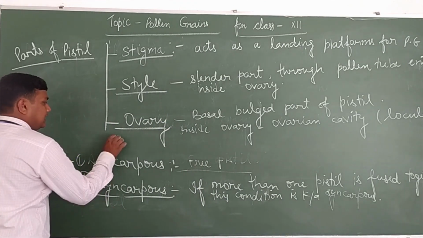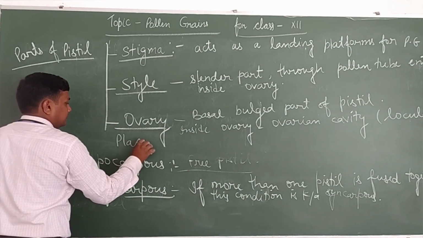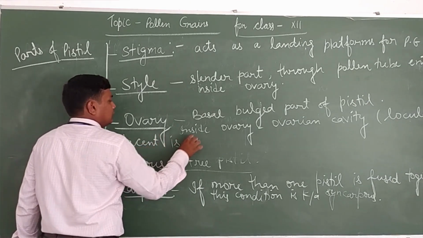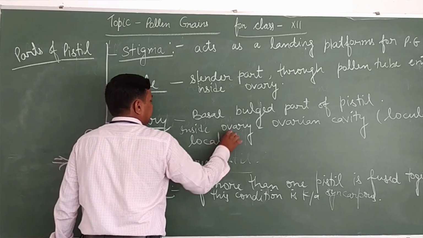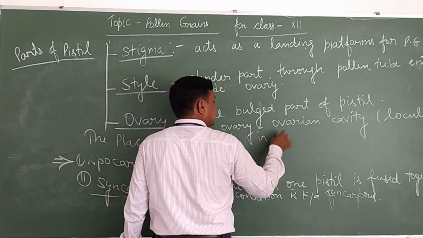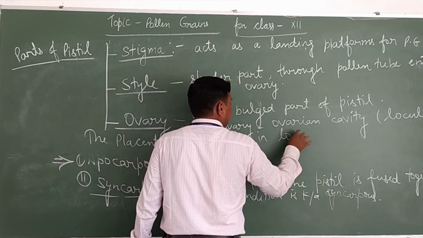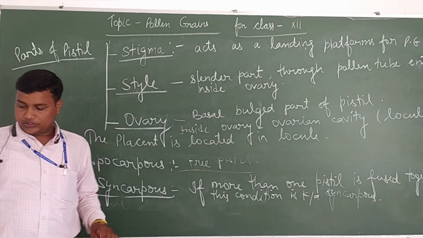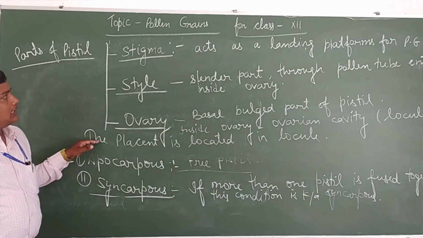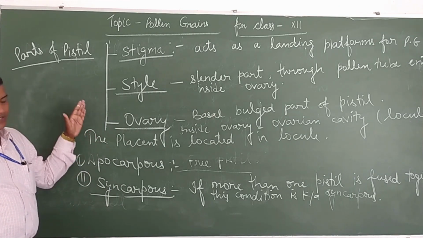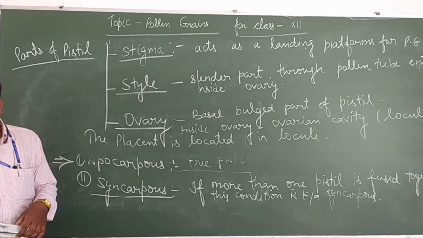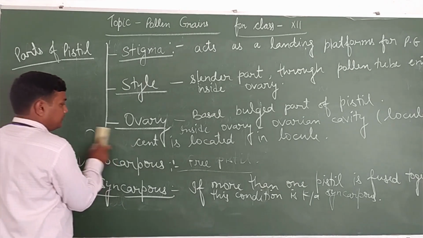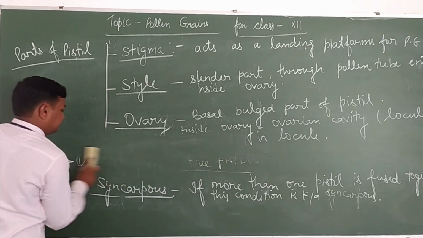The placenta is located in the ovarian cavity. So students, I think you have understood the parts of pistil. Our next part is the megasporangium or structure of ovule.